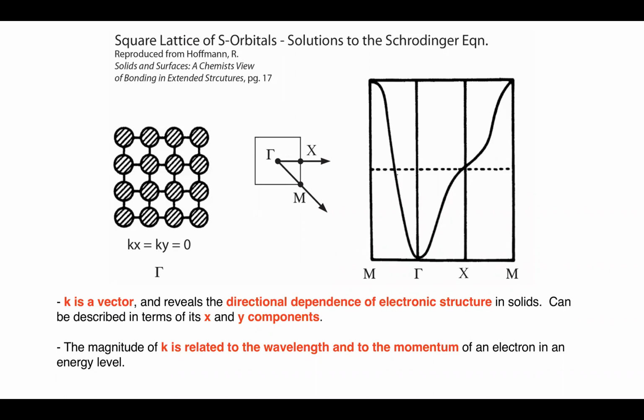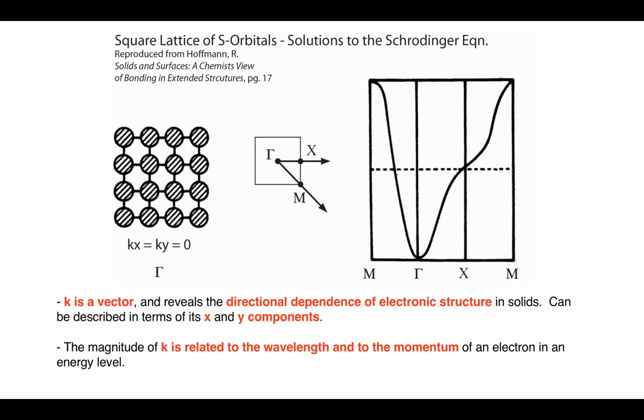So this square is oriented like this square to illustrate that we can look at wave functions along this direction and we can look at wave functions along that direction. Those are the unique directions within the crystal. Irreducible directions of the crystal.